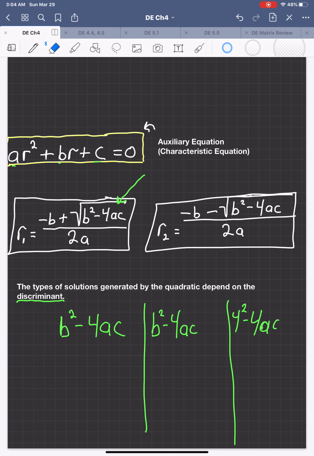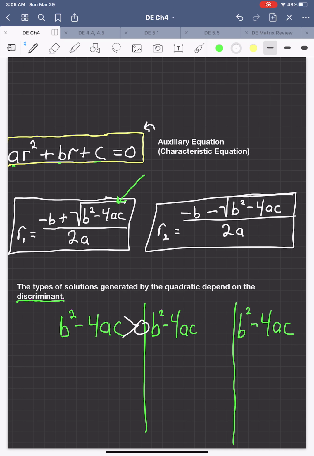I'm so sorry, when I rush, I have to slow down to make sure I give myself enough space and I don't write anything silly. Okay, so let's start with the first case. What if b squared minus 4ac is greater than 0?